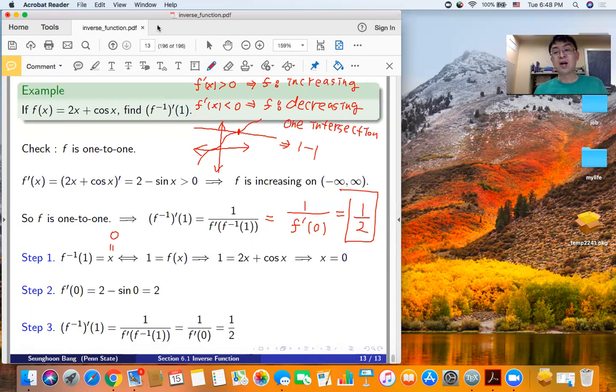I can write the procedure and answer of the related problem. One example is f of x equals 2x plus cosine x, find inverse f prime at 1. I can solve with f of x equal to 2x plus sine of x, a very similar problem. Very helpful. Just write your question on the discussion board and I will answer.